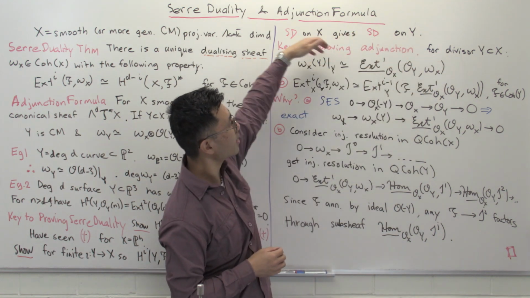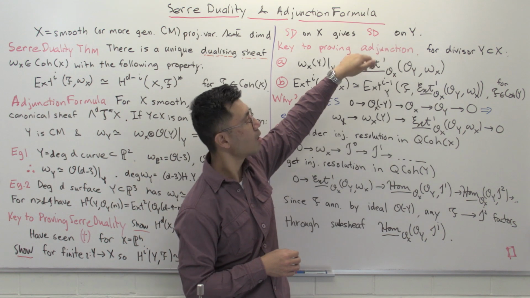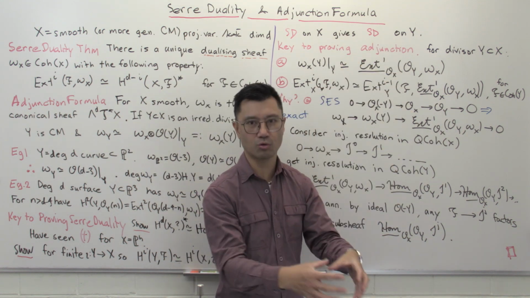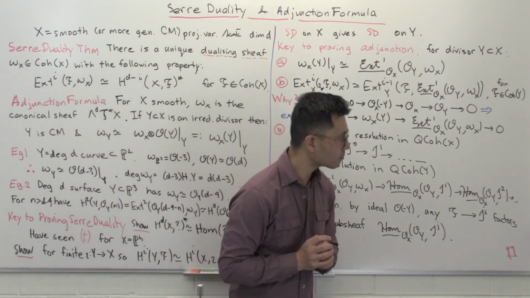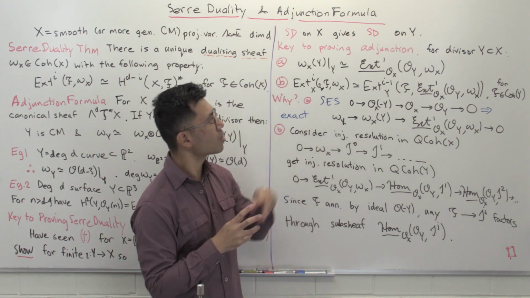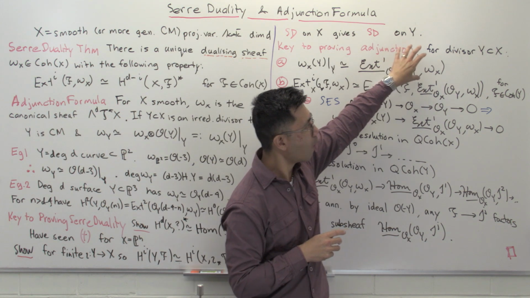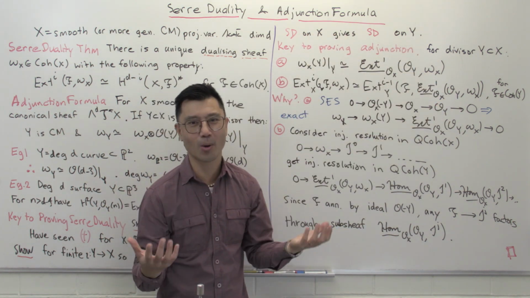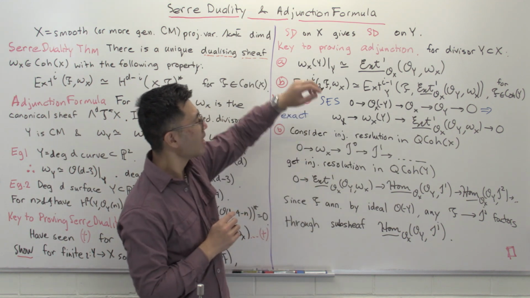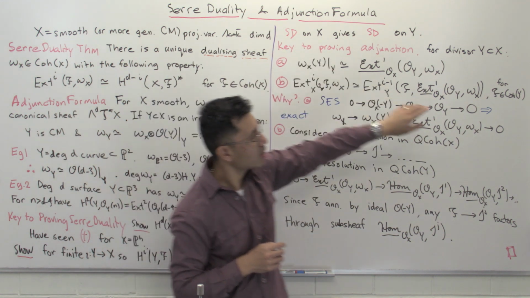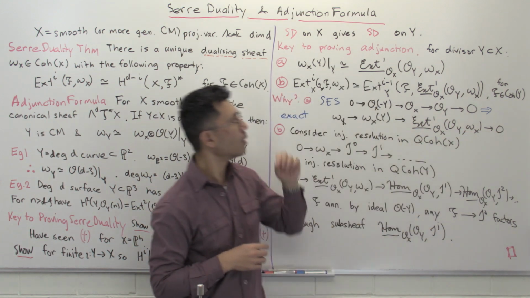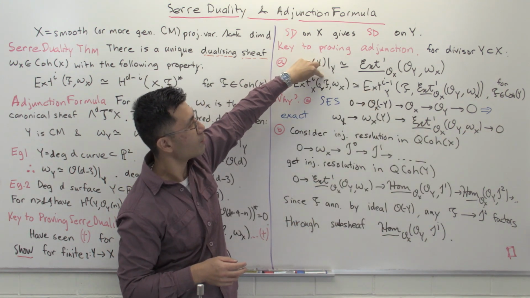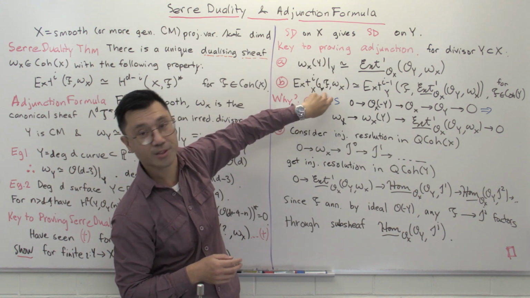So we're going to rewrite this as an Ext sheaf, which basically means on each affine open set, you just compute the Ext groups. So why do we do that? Because once we have this formula written down, we can perform the magic of homological algebra to show that if F is a coherent sheaf on Y, on this divisor, then think of it as a coherent sheaf on X, so looking at i lower star F more technically.